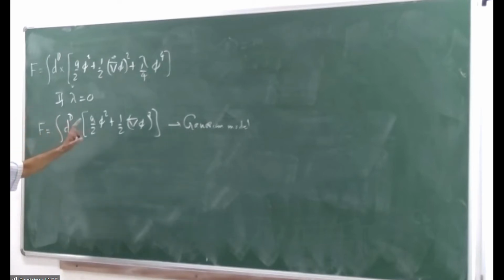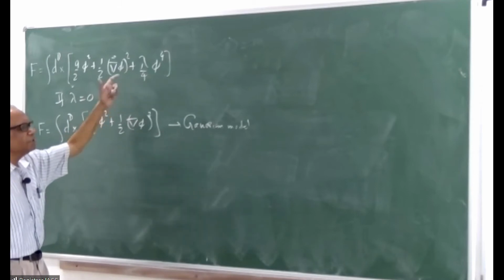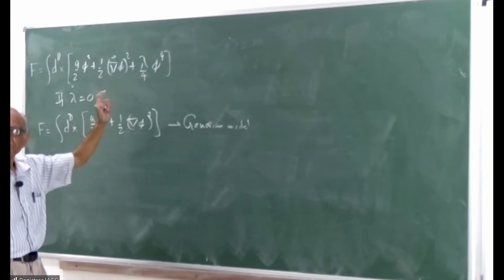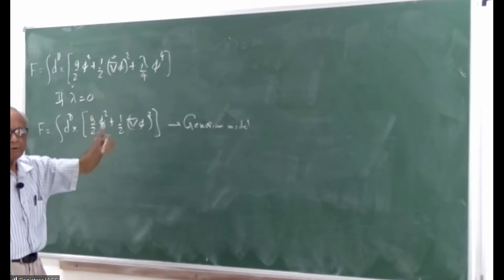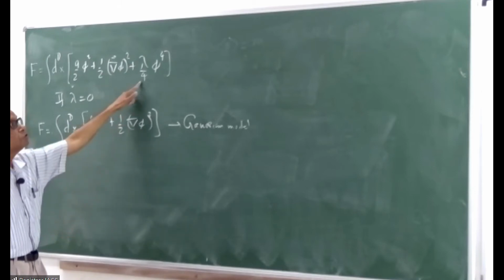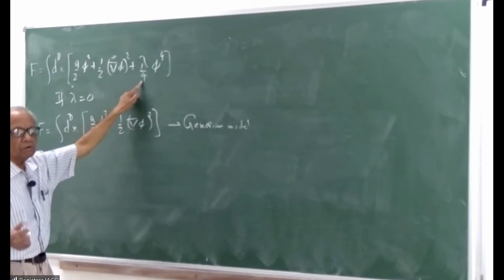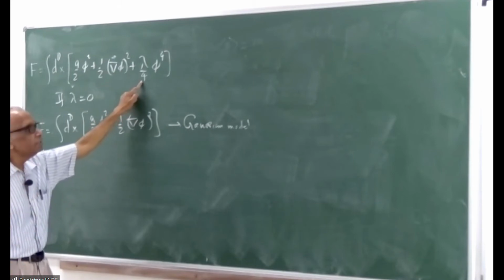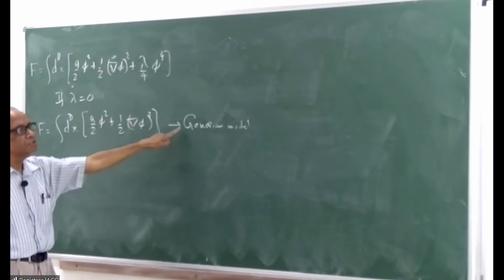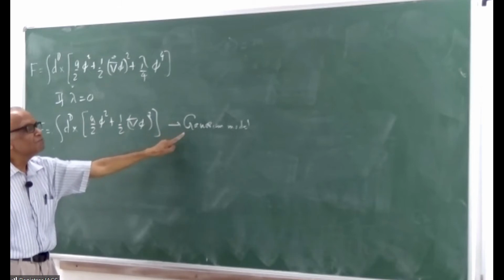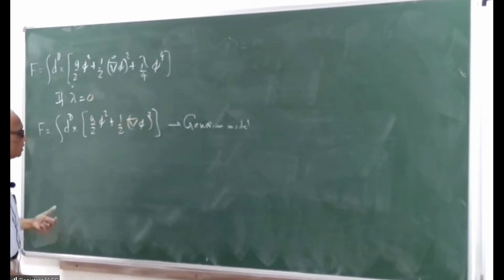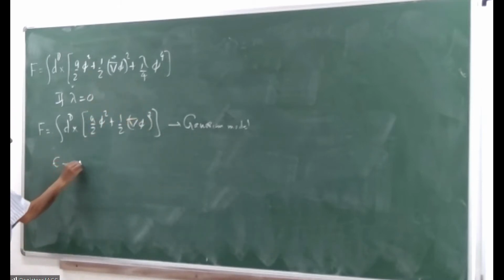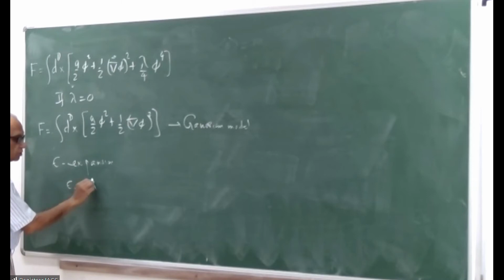So now you see that if we are close to d equal to 4, suppose I'm in d equal to 3.9, lambda is not totally gone, but is small, and therefore a perturbation around the Gaussian model would become a perturbation in the spatial dimension, and therefore when you see the word epsilon expansion in critical phenomena, the epsilon is 4 minus d.